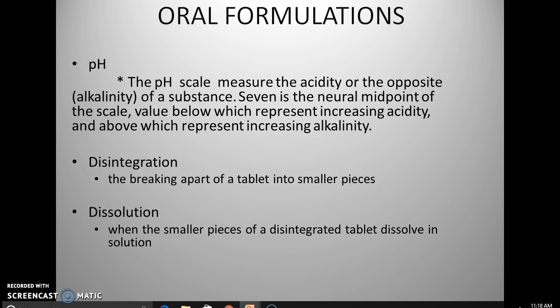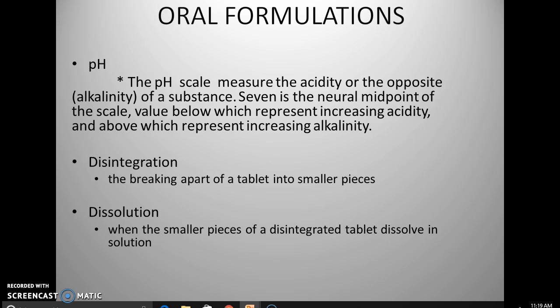Okay, let's keep on looking at oral formulation, and let's look at some definitions. When we talk about pH, it is the following. The pH scale measures the acidity or the opposite, alkalinity, of a substance. 7 is the neutral midpoint of the scale. Values of 7 or less represent acidity, and above 7, going from 7 to 14, represents alkalinity. All right. We talked about disintegration.